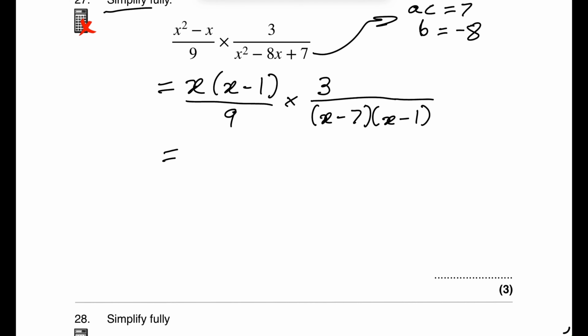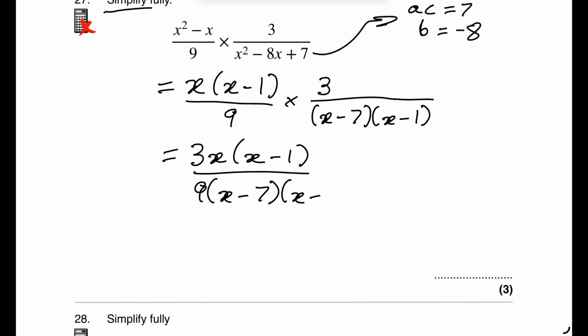So, x times x minus 1 times 3, so that's going to be 3x, x minus 1. And then you have 9, x minus 7, x minus 1. Now, we can have a look at this and see if we have any common factors in both the numerator and the denominator.